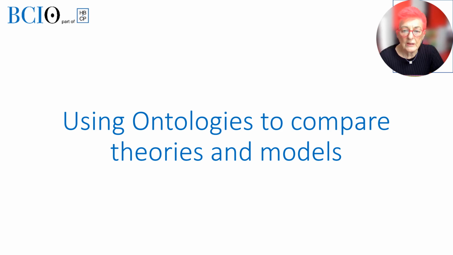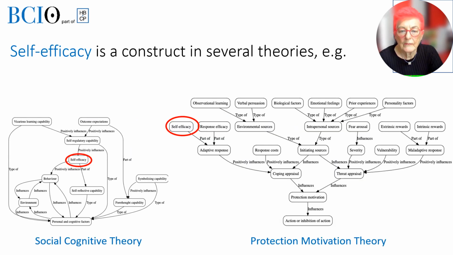Having represented theories ontologically, it's then possible to compare theories and models in a way that wasn't possible in their original form. For example, it allows us to compare social cognitive theory and protection motivation theory.